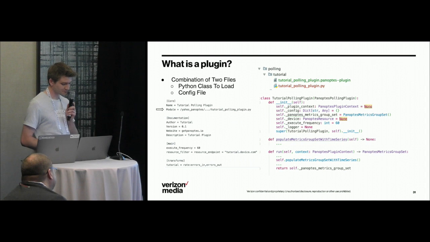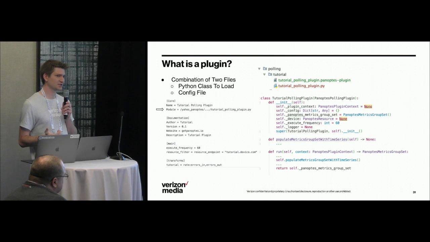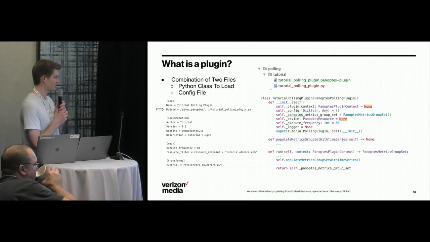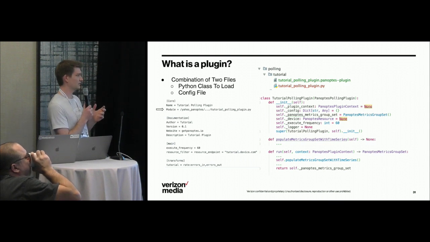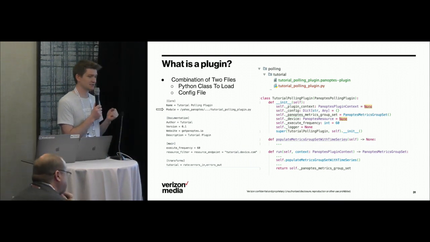The next item is the resource filter. We have a plugin, but we need the plugin to run against a device or a set of devices. We have essentially the equivalent of a SQLite database within Panoptes, and the plugin scheduler will take the resource filter and essentially query the database.